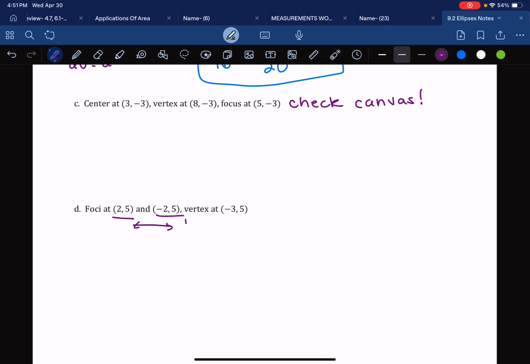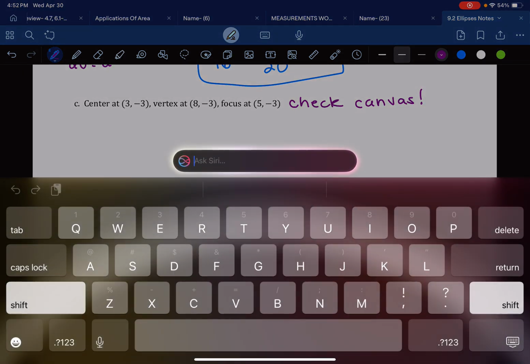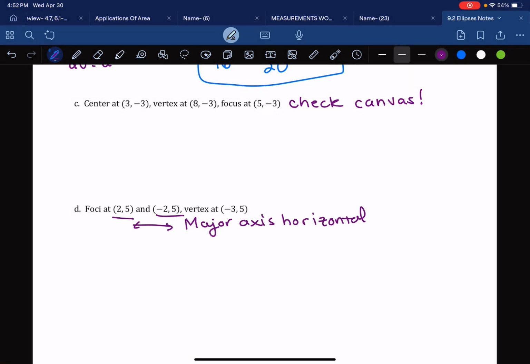So that means that your major axis is horizontal. And if it's going left 2 and right 2, that means that it's at 0.